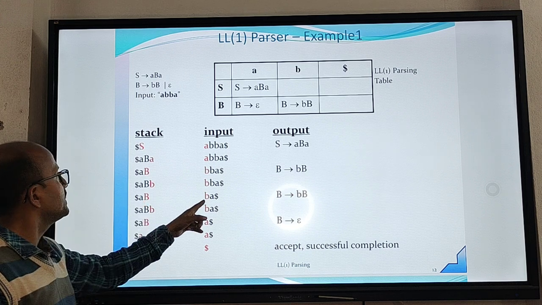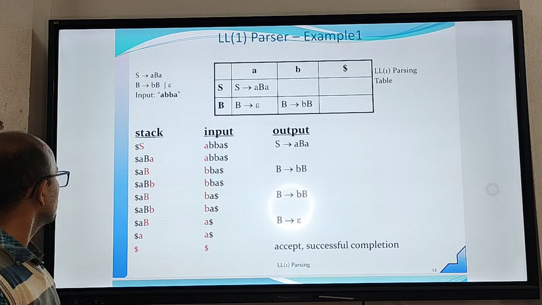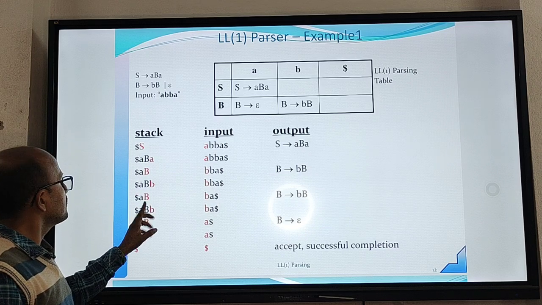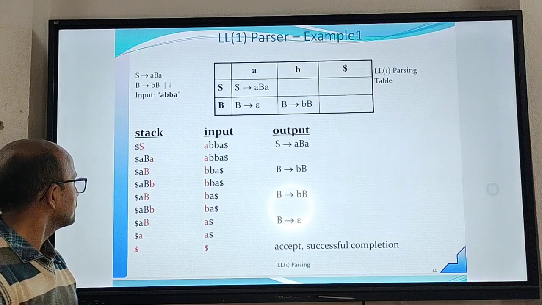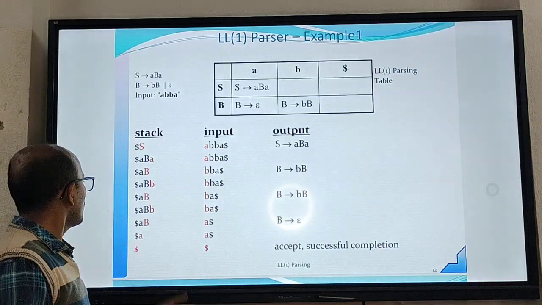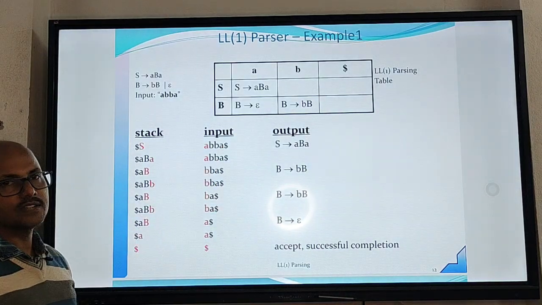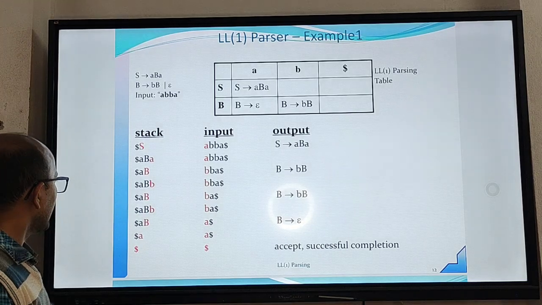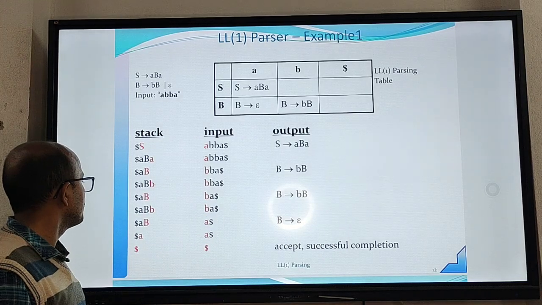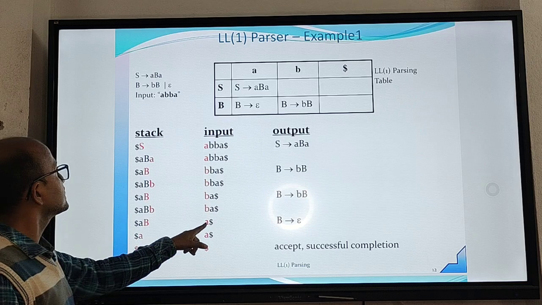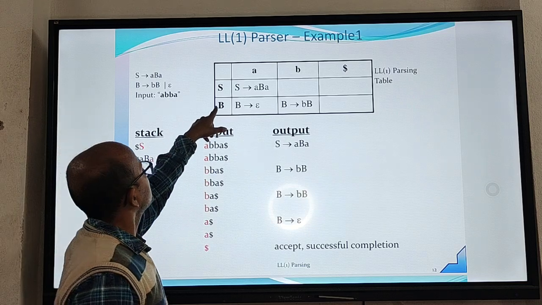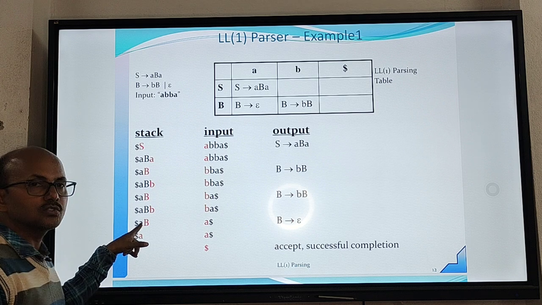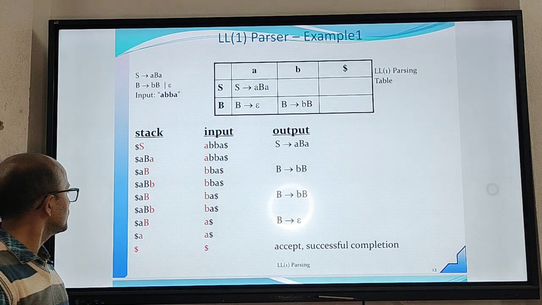Now this capital B and b, again we have the same production rule. So B will be popped and in place of the B, bB will be pushed into the stack again as per this rule. Now these two are the terminal symbols b, so the b will be popped and at the same time the input buffer will be shifted, again the B and the small a. So for the table B and small a, we have the rule B produces epsilon, so in place of the B we will replace it with the epsilon.